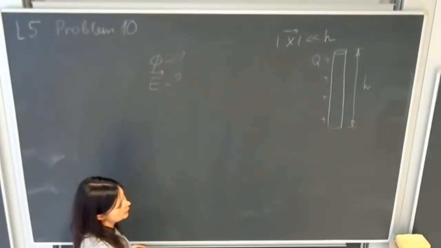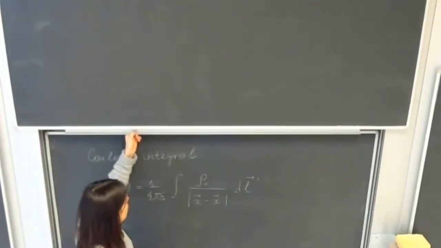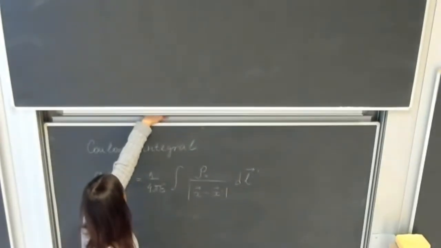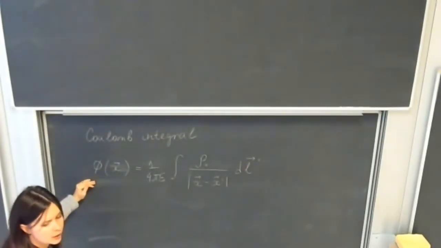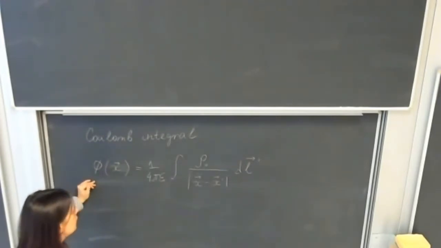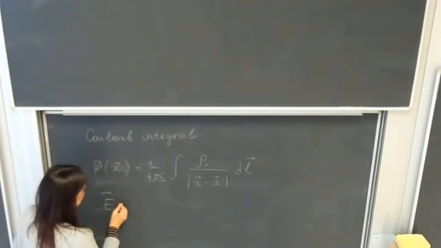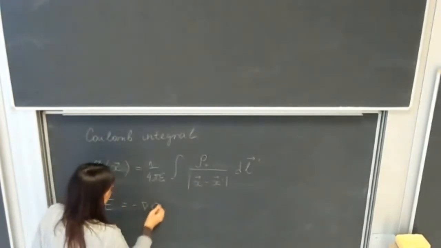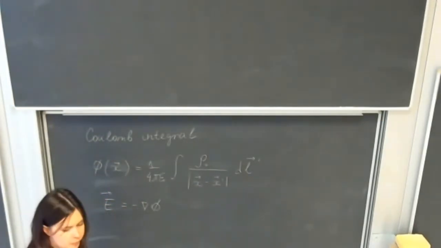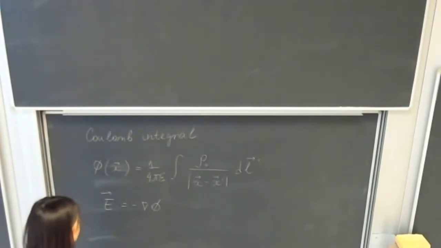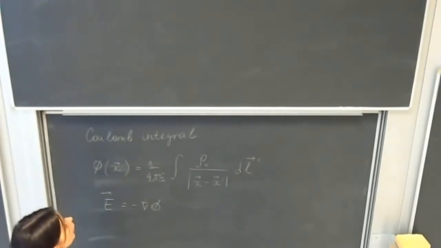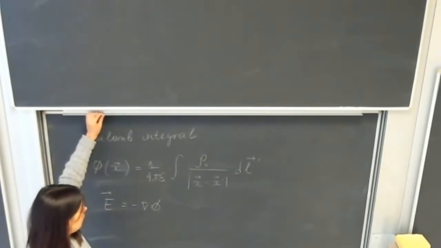So this problem can be solved using the Coulomb integral for the potential, and then the electric field can be found as the gradient of the potential in the negative direction.